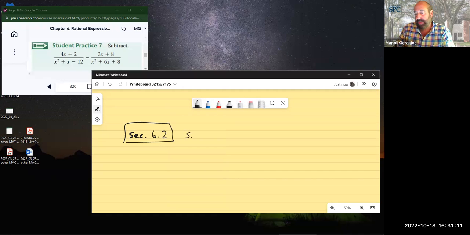This is actually student practice. Example number 7 didn't present the complications that student practice 7 that we're looking at right now has. So that's why I'm choosing this example. It is a little more challenging and more typical of what your homework is going to present. Okay, level of difficulty, if you will.